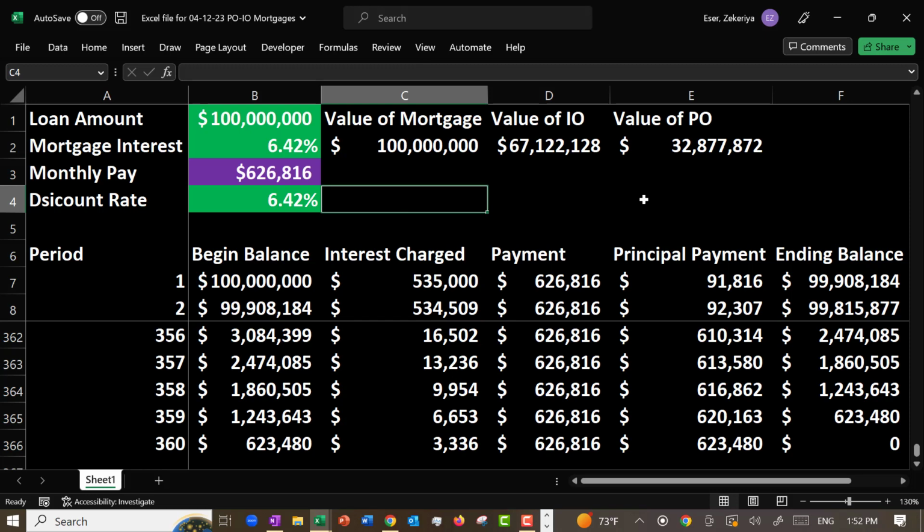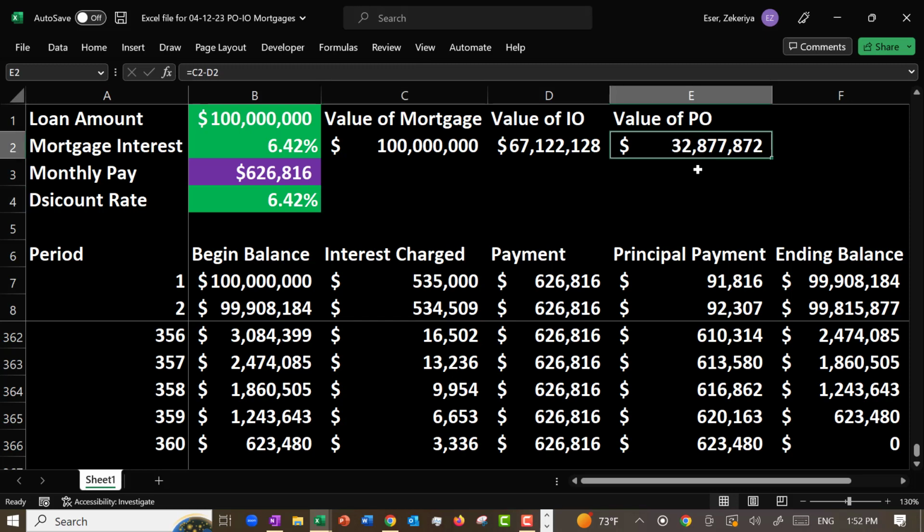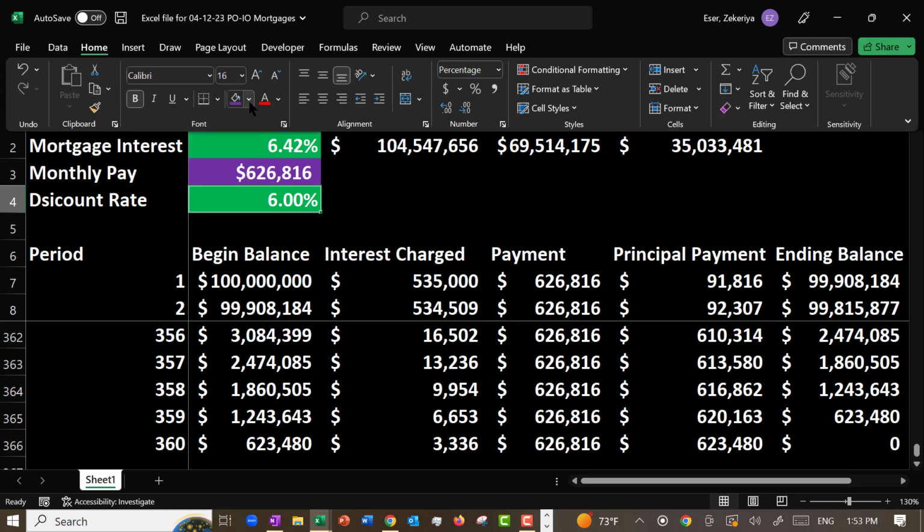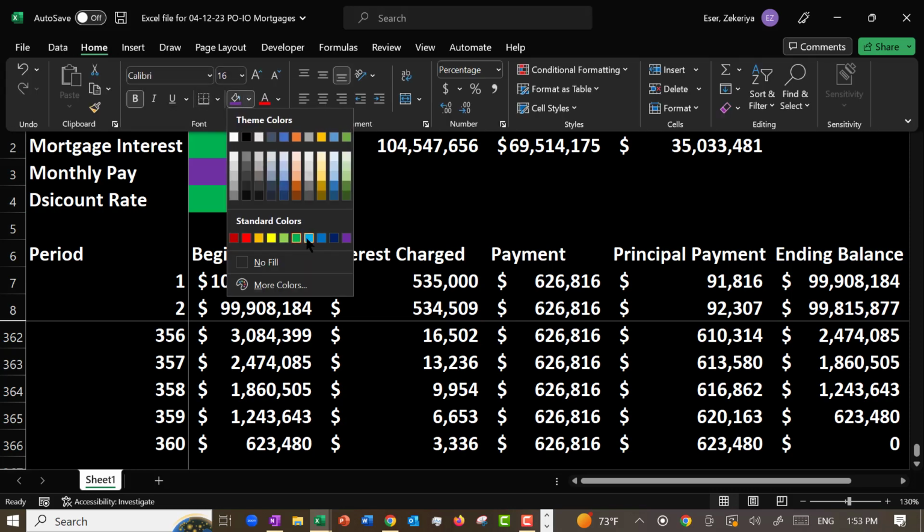You're basically saying to receive only the principal payments, I'm willing to pay 32 million and some change. That's 6%, maybe 35 million and some change. Depending upon the market, that could change. So I'm going to actually make that a different shade of green.